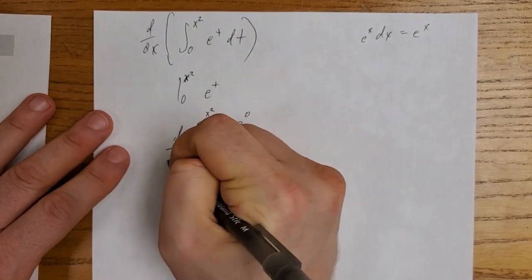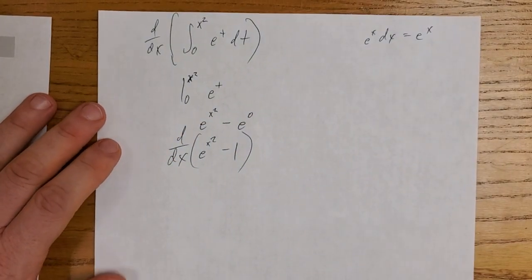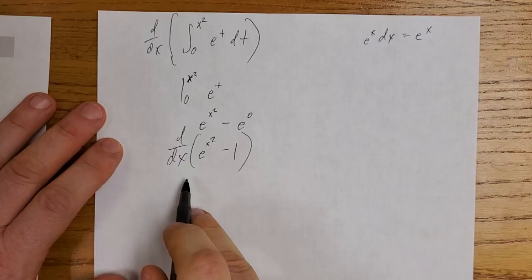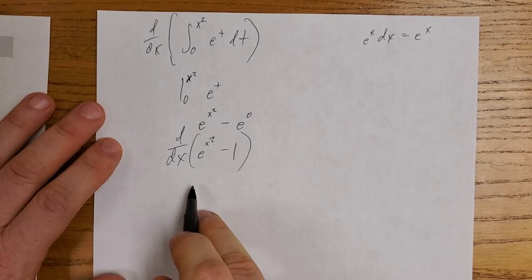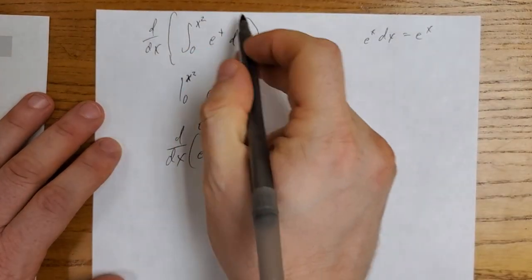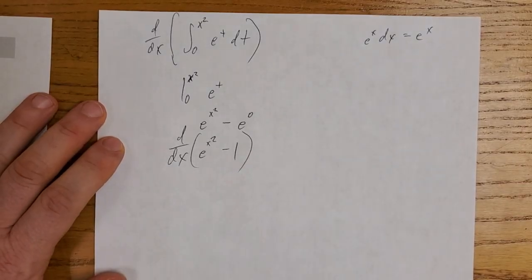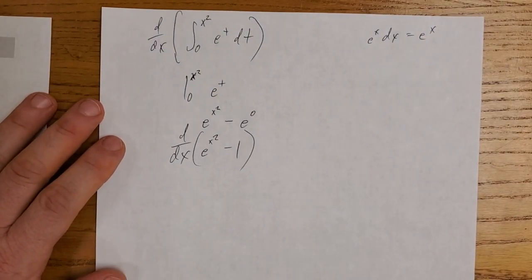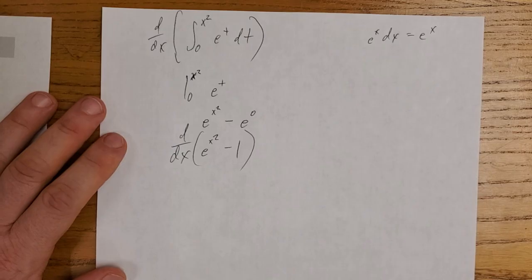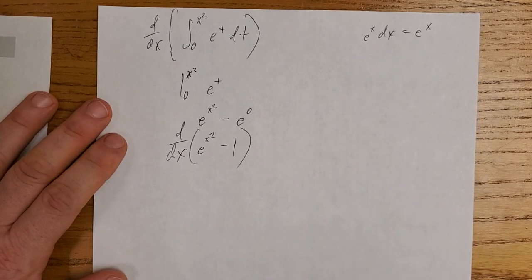And then what is the derivative of that? Now that mess went away, and we're left with this mess instead, but it's less of a mess, and that's something that we can manage.